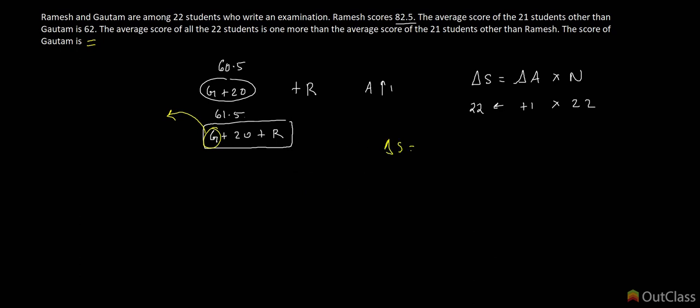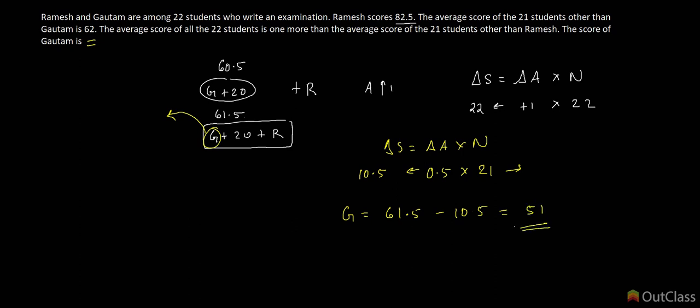Again, delta S is equal to delta A into N. He causes the average to rise by half when he leaves, and the final number of people is 21. So that means your delta S is 10.5. He creates a surplus of 10.5 when he leaves. That's because his score was actually 10.5 less than the old average. So Gautam's value is 61.5 minus 10.5, which gives you 51. And that's your answer.